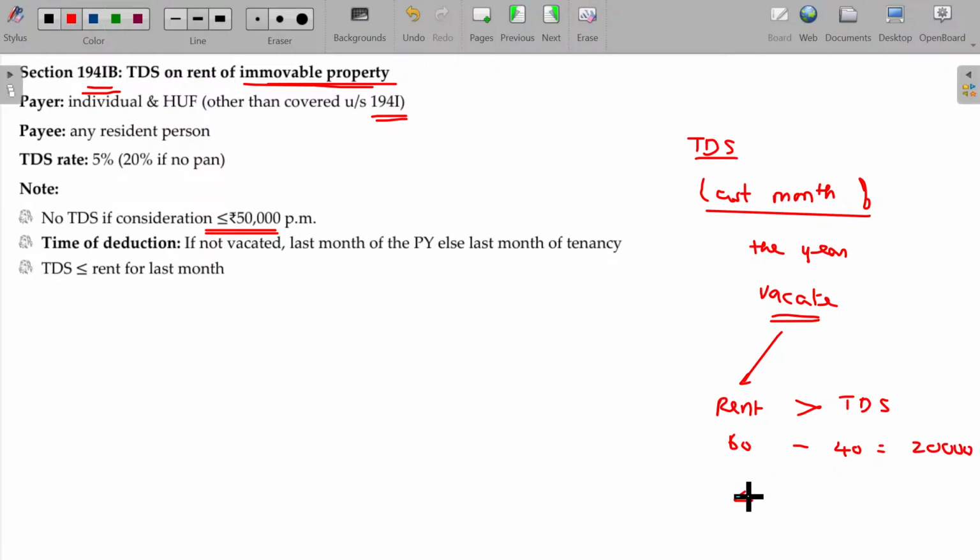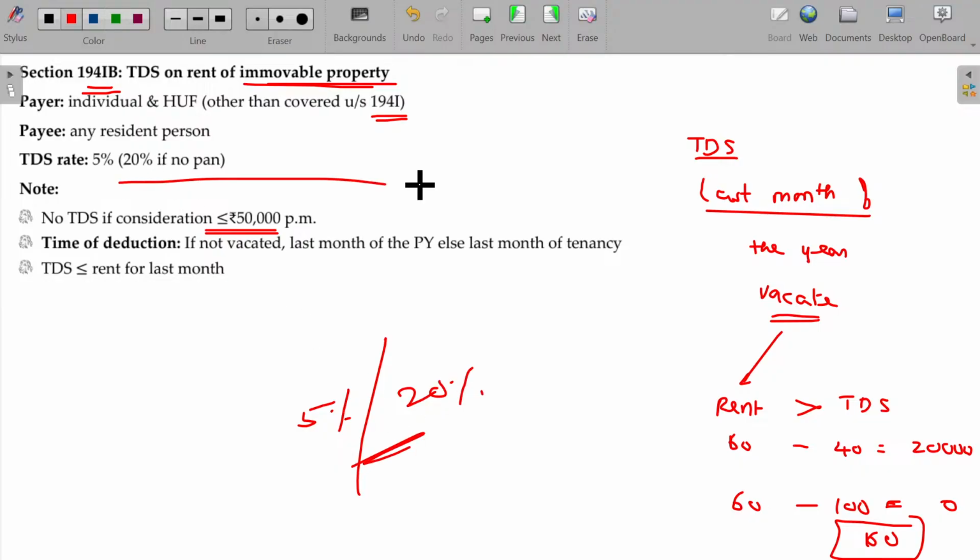But in a reverse case, rent being 60,000, TDS being 1 lakh, how can you subtract? Then your TDS will be only 60,000. The last rent will be considered as your TDS amount. The rate being 5%, if PAN is not given, 20% will be taken. If the PAN of the landlord is missing, then 20% will be taken.